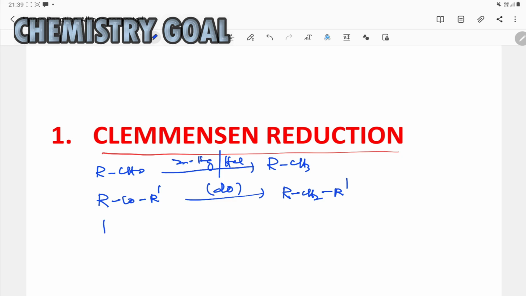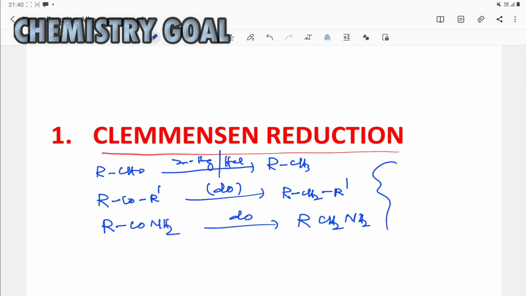If you take amide also, same reducing agent, it converts to amine. So this is very important to convert aldehyde, ketone, this is your aldehyde, this is your ketone, and this is your amide, can be converted to the corresponding alkane.